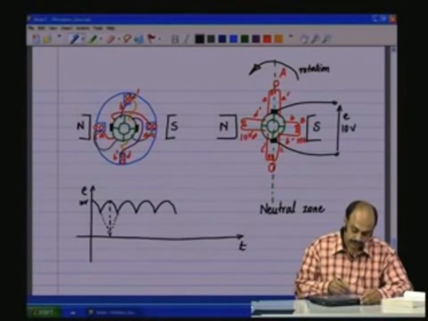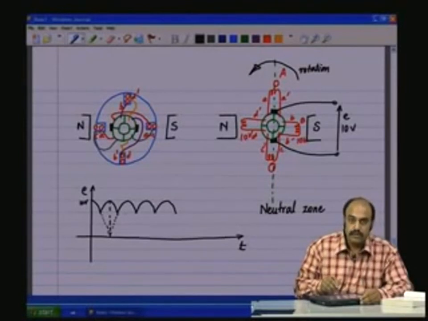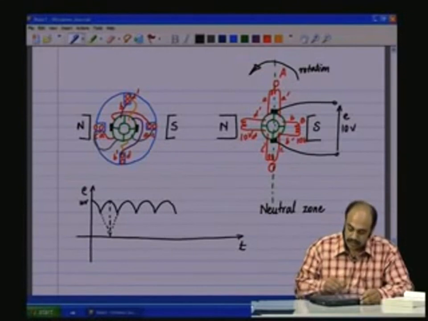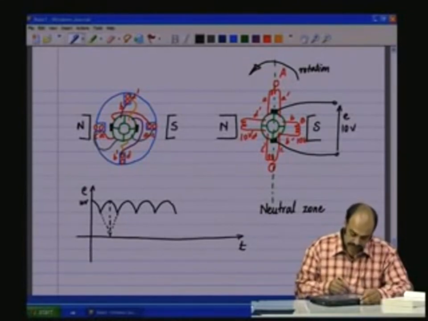In the case of the 2-segment commutator it is like that, but in the 4-segment commutator where you have 4 coils, the coil voltages are like that.